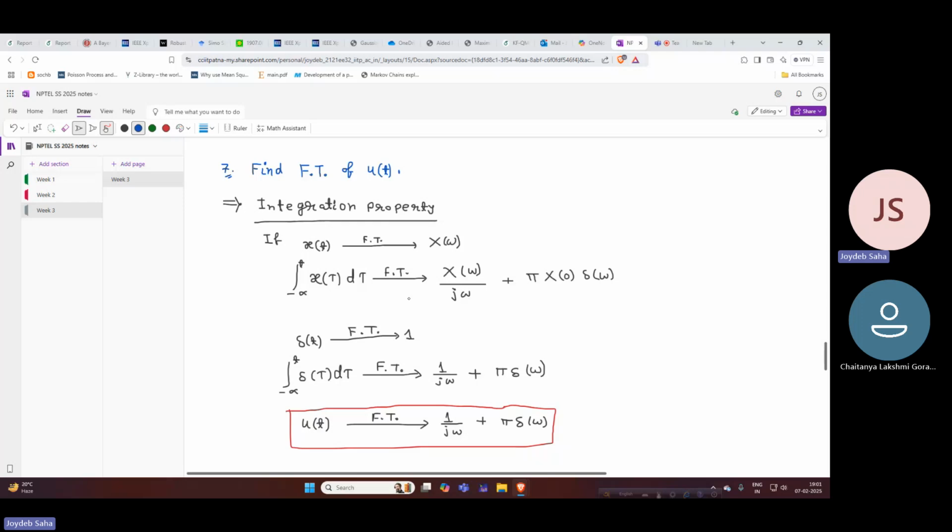Take 2-3 minutes to see how we have used the integration property in solving the Fourier transform of u(t). u(t) is nothing but the unit step, right?